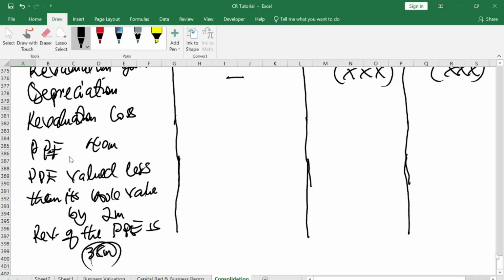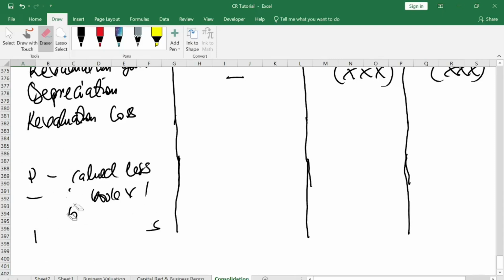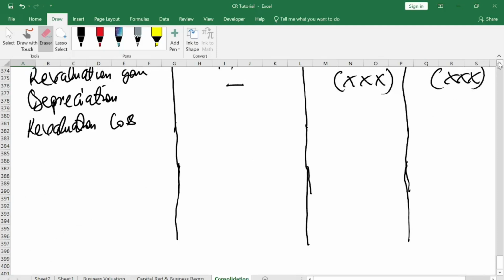So here you have to compare the two. Has the PPE reduced in value or increased in value? This year it has reduced in value. So there's a revaluation loss on the asset. So here, then you come and less the value here.